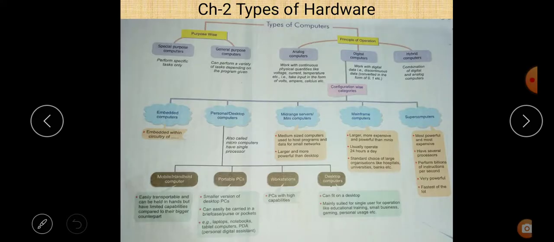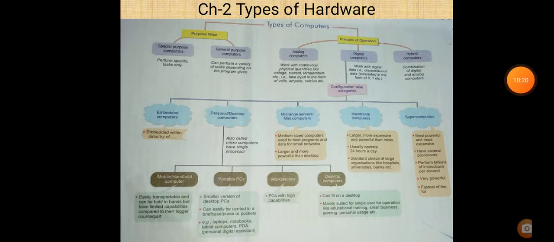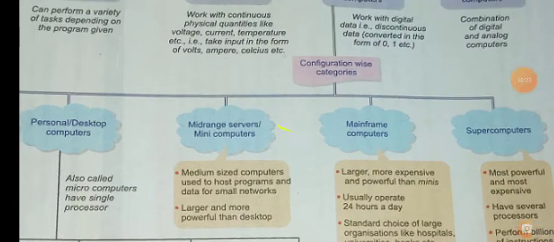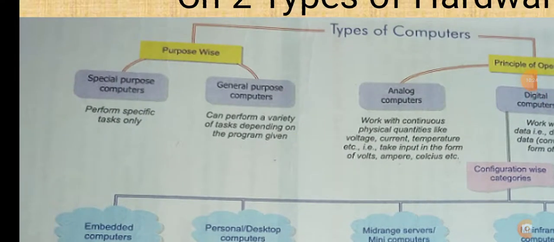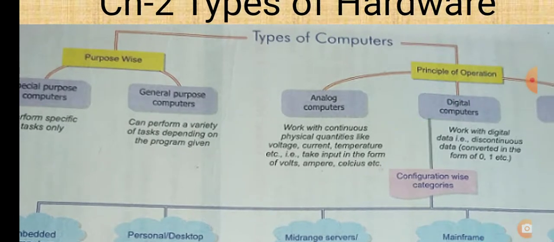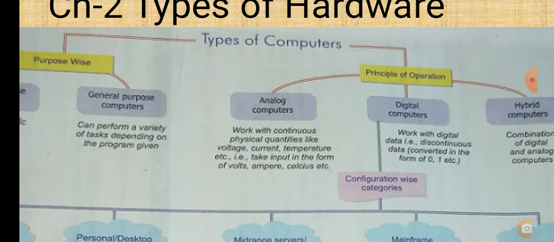Now these are the types of computer systems you can easily see on the screen. Basically, computer systems can be divided into two broad categories: purpose-wise and principle of operations.